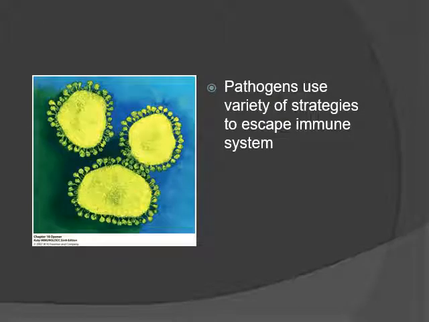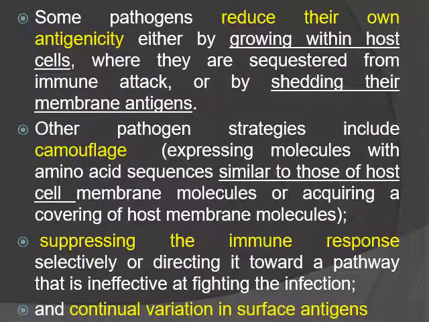Despite all the immune mechanisms used by the host to get rid of these pathogens, these pathogens have still evolved a variety of strategies to escape destruction by the immune system. Some pathogens reduce their own antigenicity either by growing within host cells, where they are sequestered from immune attack, or by shedding their membrane antigens.